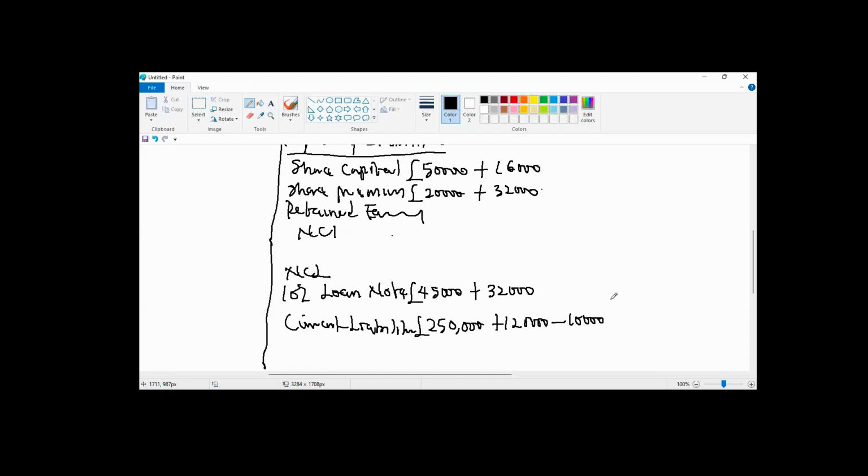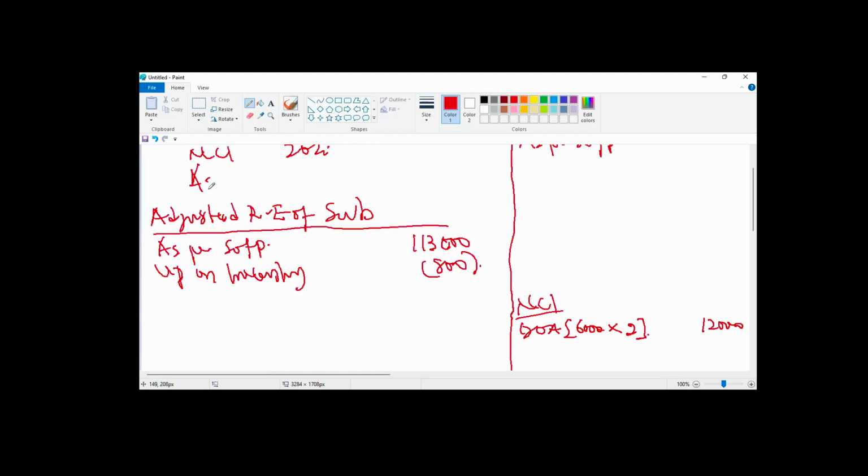On 1st January 2020, King acquired 30% interest in Knight for 40 million. 30% is an associate. When does he acquire it? 1st of January.